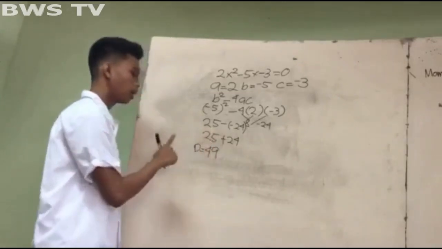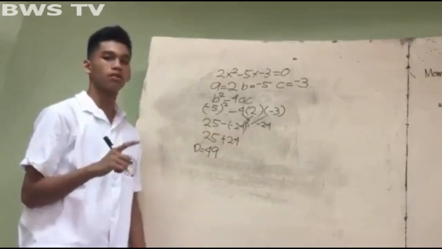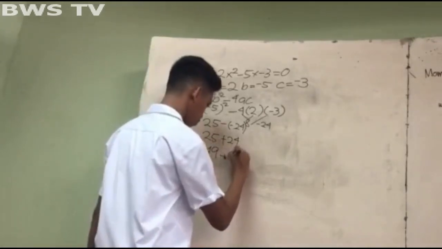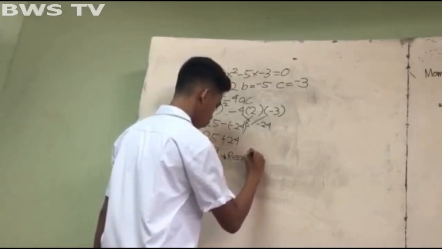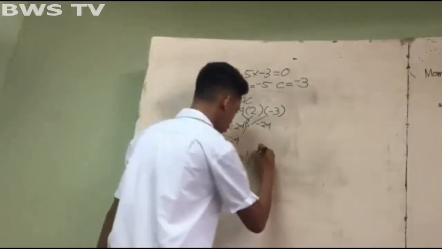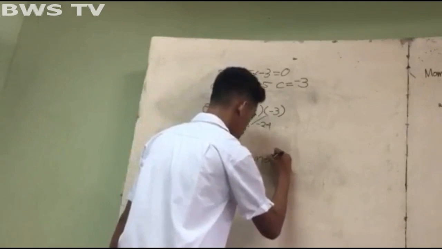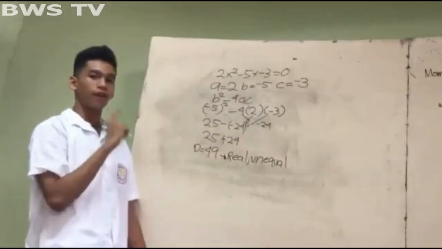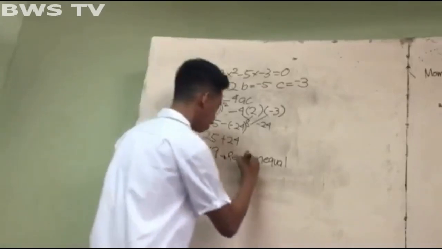D is 49. Since 49 is greater than 0, it is real and unequal, and since 49 is a perfect square, it is rational.